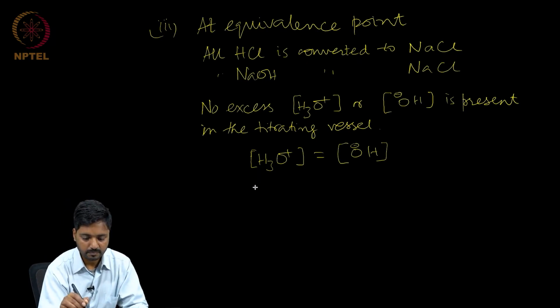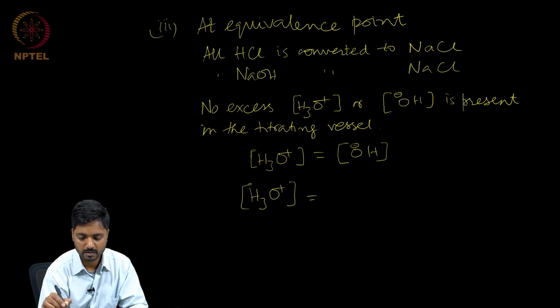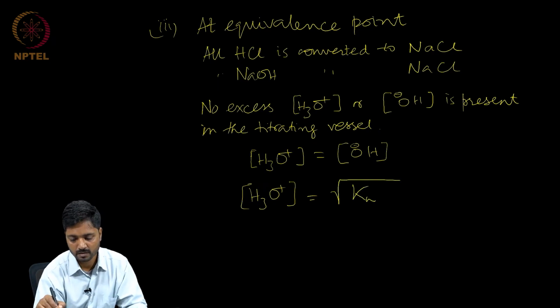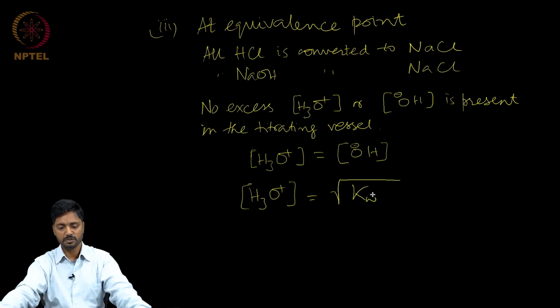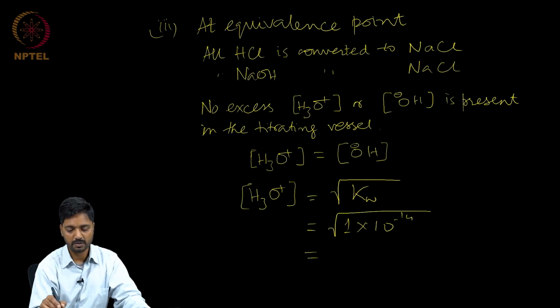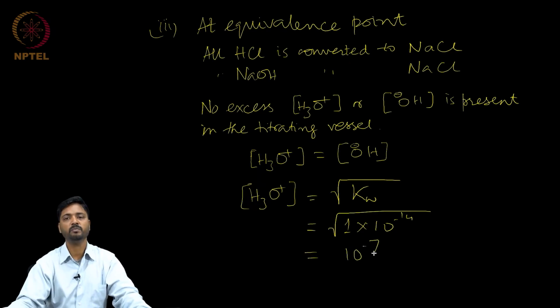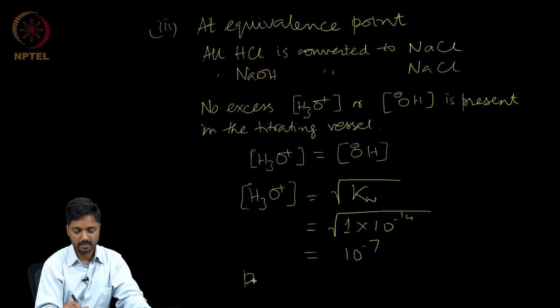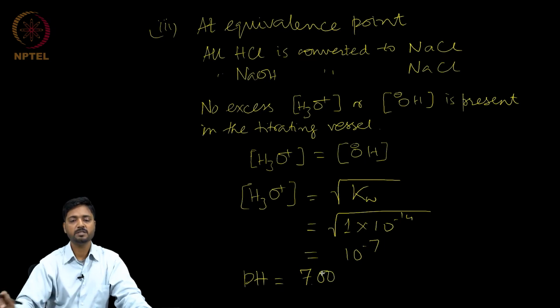So, what we have is the hydronium ion concentration is equal to the square root of Kw, and we know that Kw is 1 times 10 to the power of minus 14, and when we take the square root, this turns out to be 10 to the power of minus 7, and hence the pH value at this point is exactly 7.